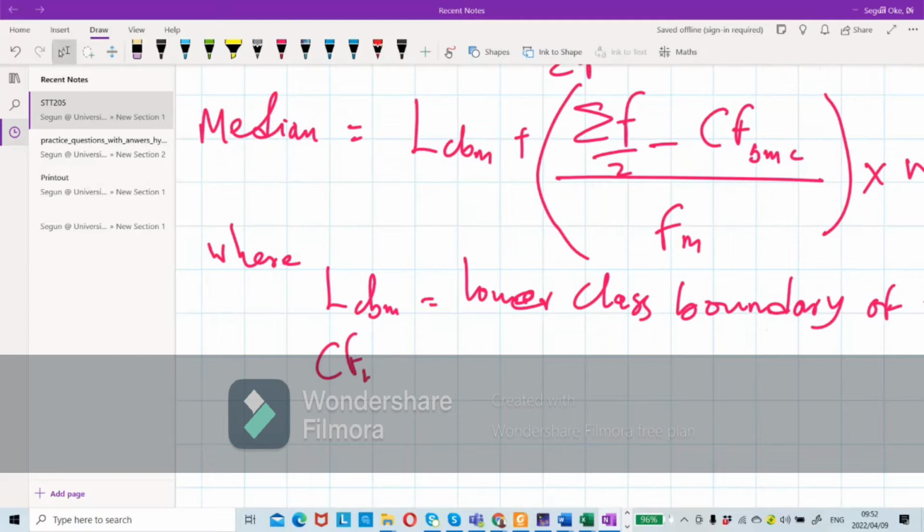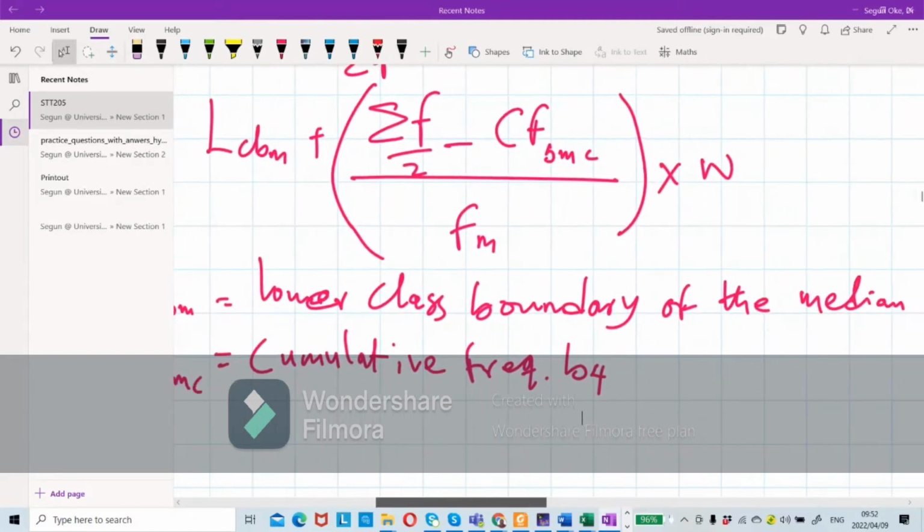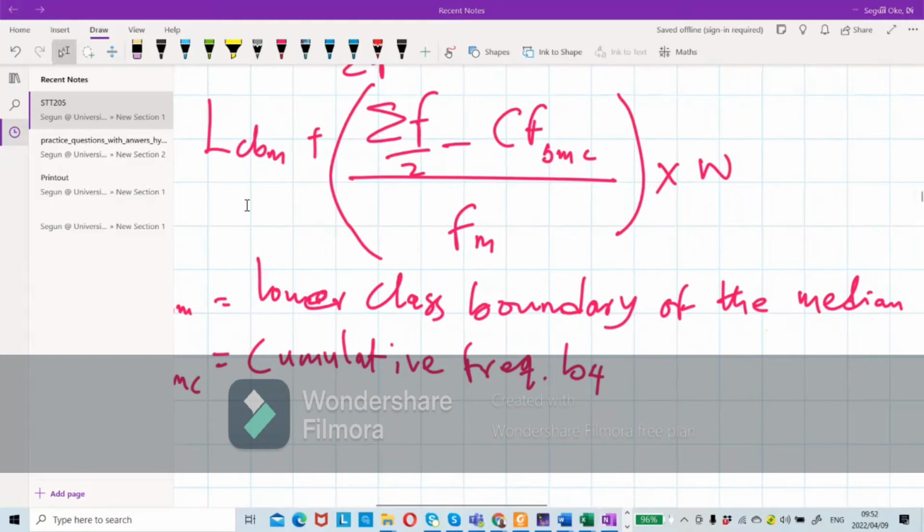Cumulative frequency, DMC, is the same thing as cumulative frequency before the median class.